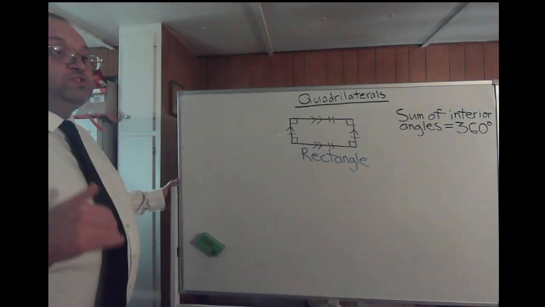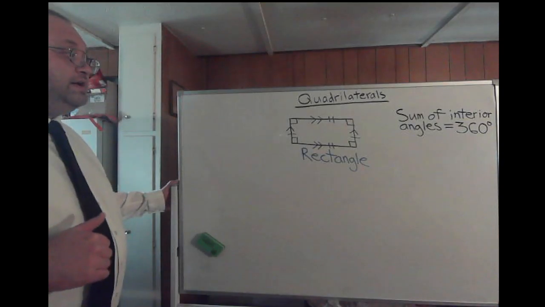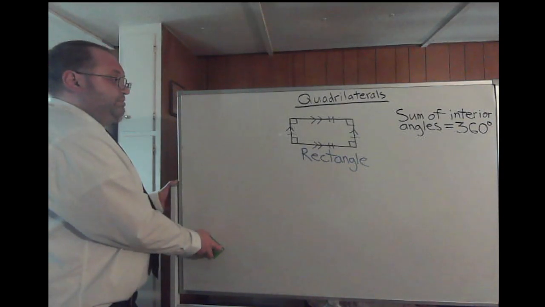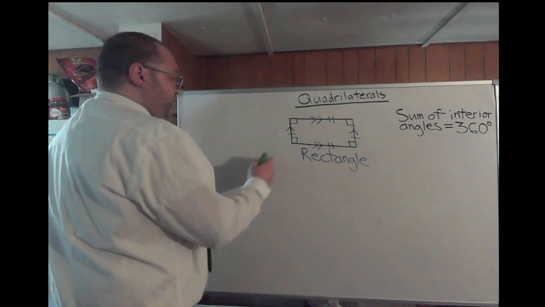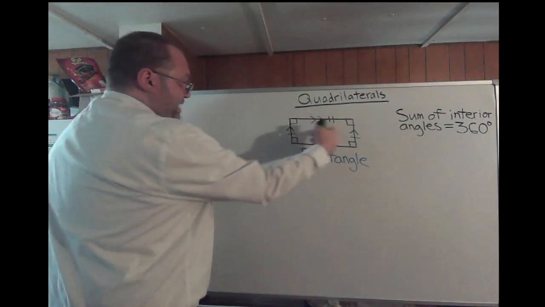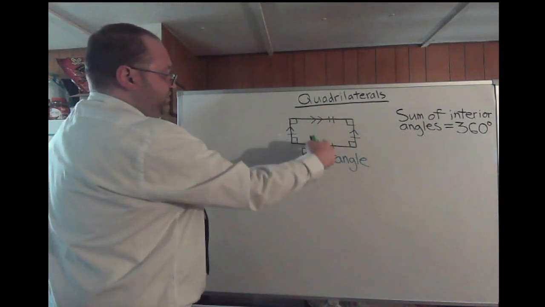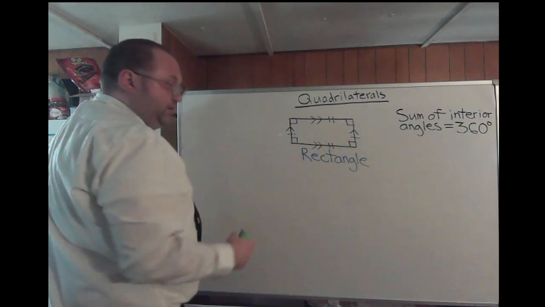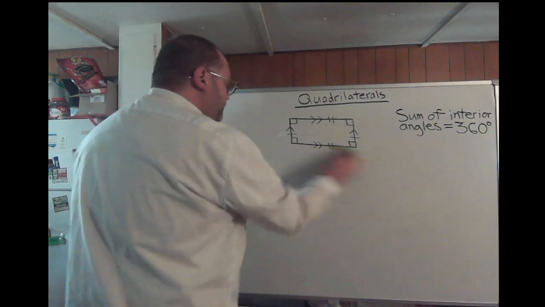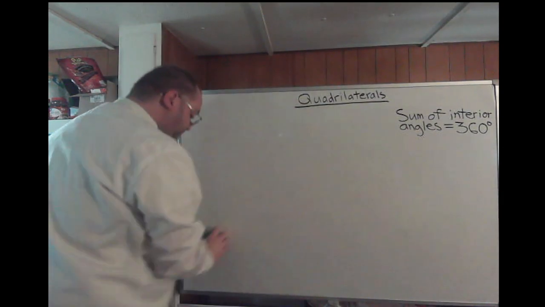But a rectangle is always a parallelogram. That's a unique relationship, because in rectangles you have four right angles, they still add up to 360 degrees, and both pairs of opposite sides are congruent and parallel to each other.